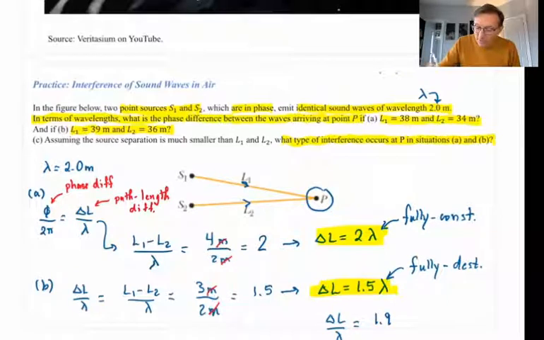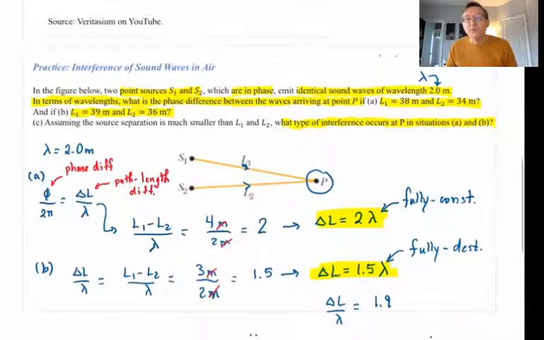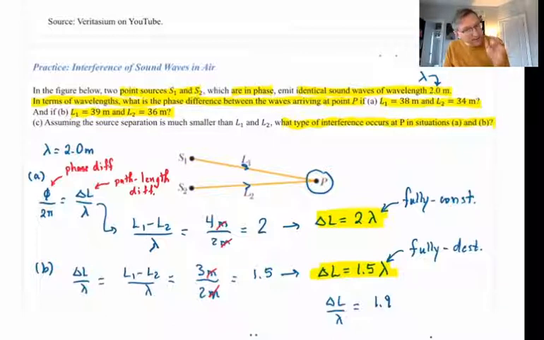Delta L over lambda is 1.9. What would you say the kind of interference would be? Well, it doesn't fit the condition for fully constructive because that ratio has got to exactly be an integer, and it doesn't fit the condition for fully destructive, it's got to be like 1.5 or 0.5 or 2.5 or 3.5. It's neither. So it's intermediate interference. That's what you'd say.